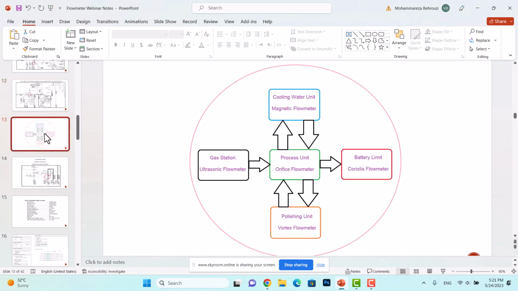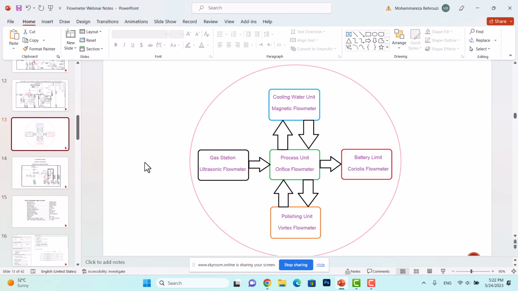In order to summarize what we have learned, I've created a kind of picture here to help you remember this for a long time, not to forget it easily. In petrochemicals or refineries, we have these units: gas station, especially for petrochemicals, process units, battery limits, cooling water units, polishing units.